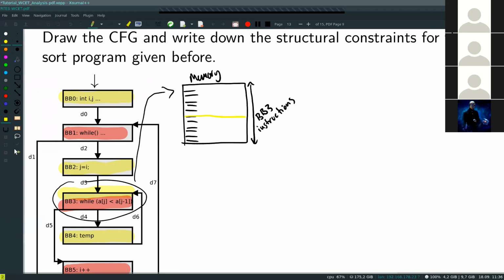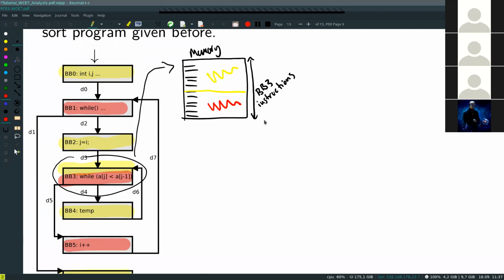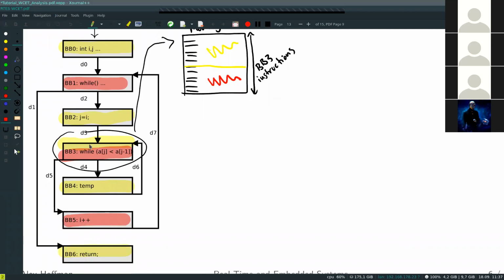So this portion goes onto the yellow cache line, and this portion goes into the red cache line, meaning that this basic block actually uses both cache lines. And so this makes a few things different when we draw our cache conflict graphs. Namely, BB3 will exist in both graphs, right?